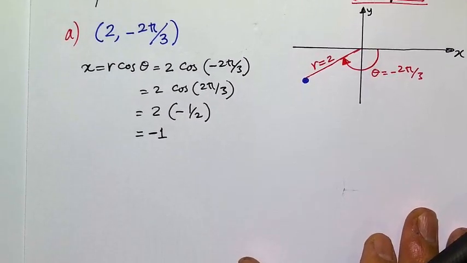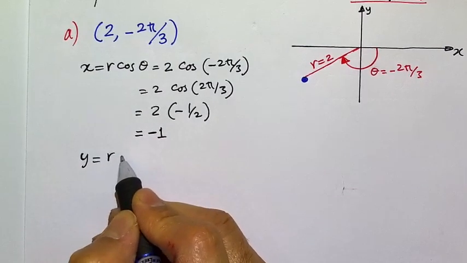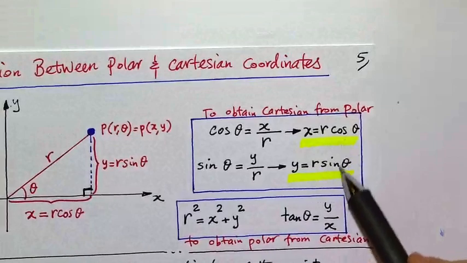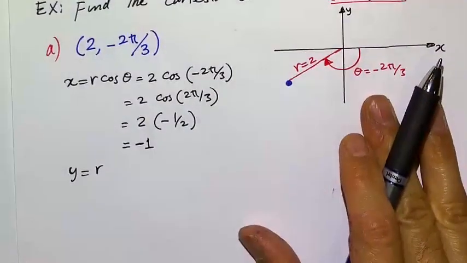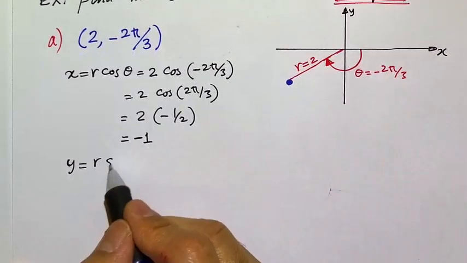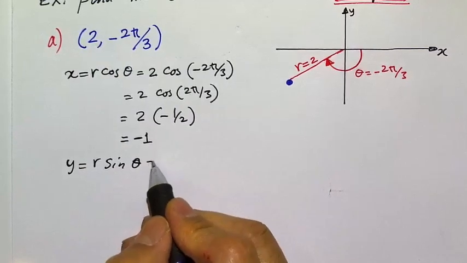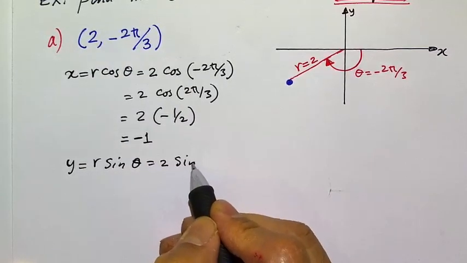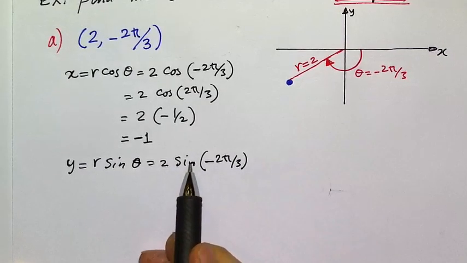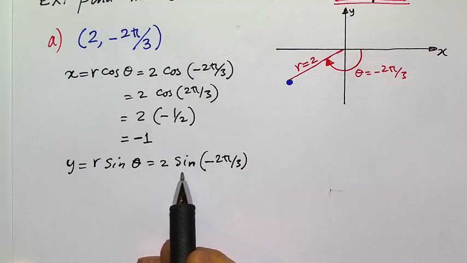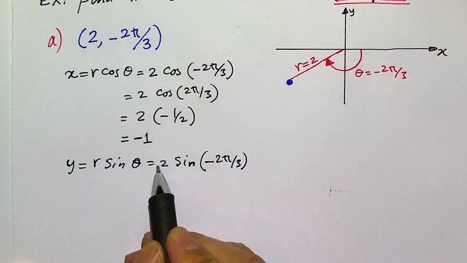So let's find the y coordinate. Again I'm using this pair of equations, y is equal to r sine theta. So then we have 2 times sine of minus 2 pi over 3, and because sine is an odd function, whatever that angle is, if it's negative, that negative can be placed in front.